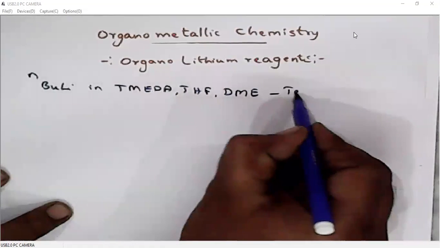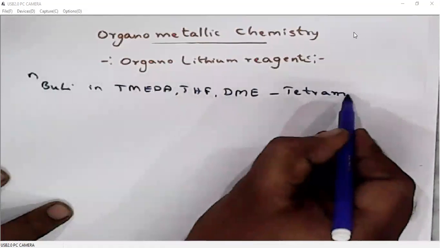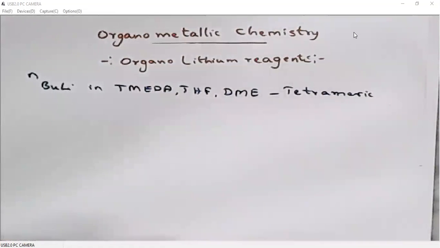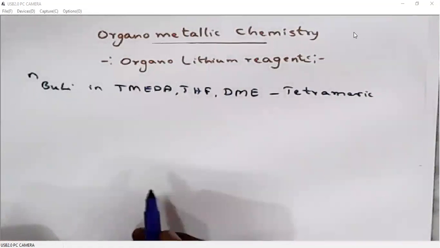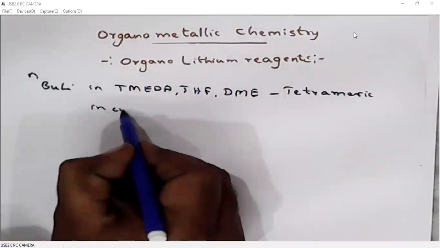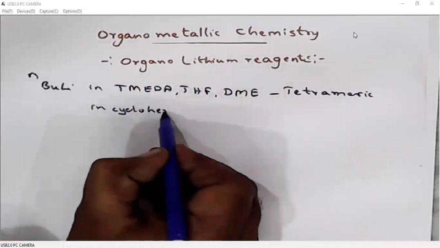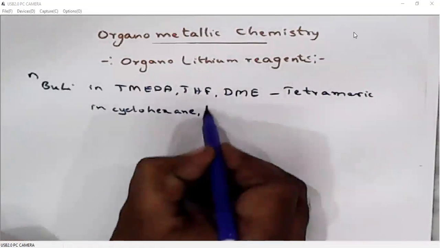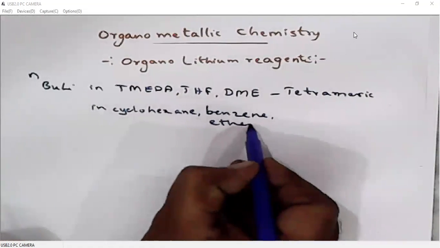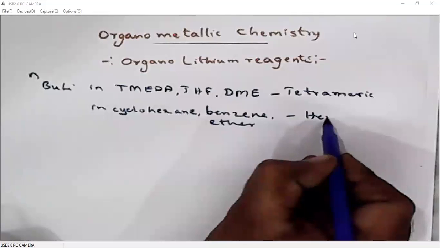It is tetrameric. You just look at these details. You don't need to learn them by heart. You just have a look at this once. In cyclohexane, benzene, and ether, it is hexameric.